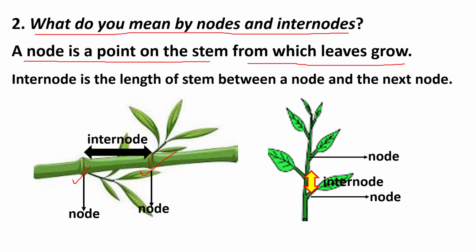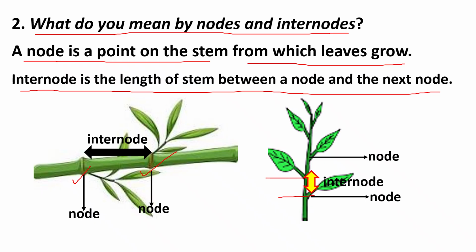An internode is the length of the stem between a node and the next node. Supposing this node, and the next node, this part is internode.